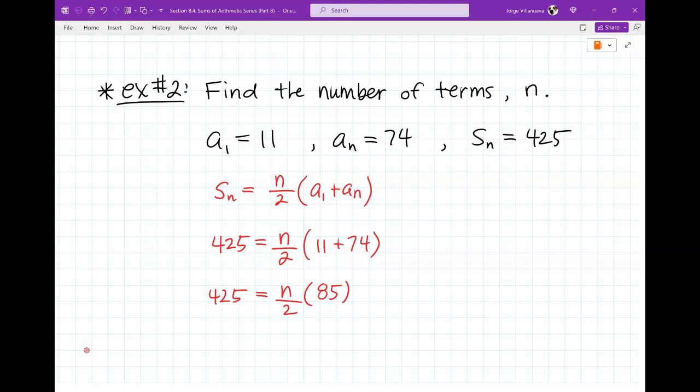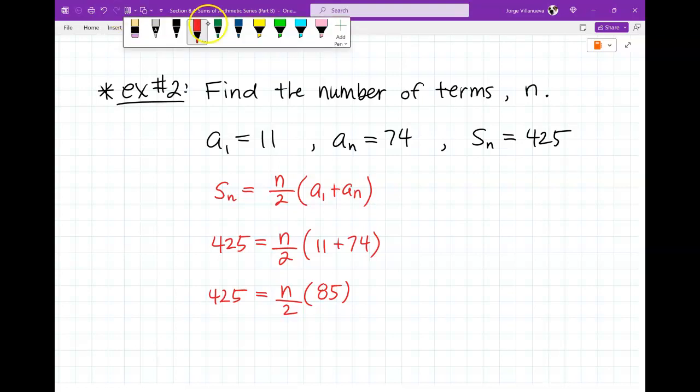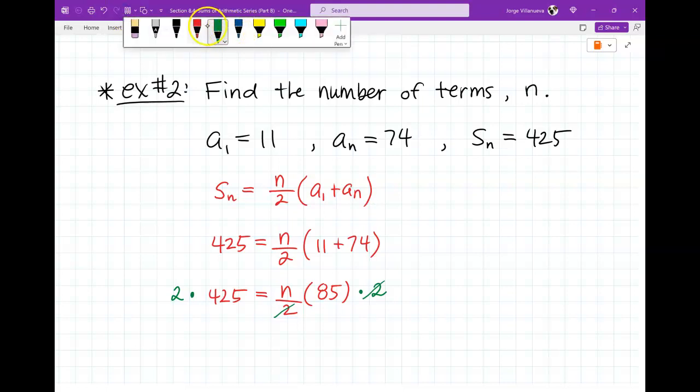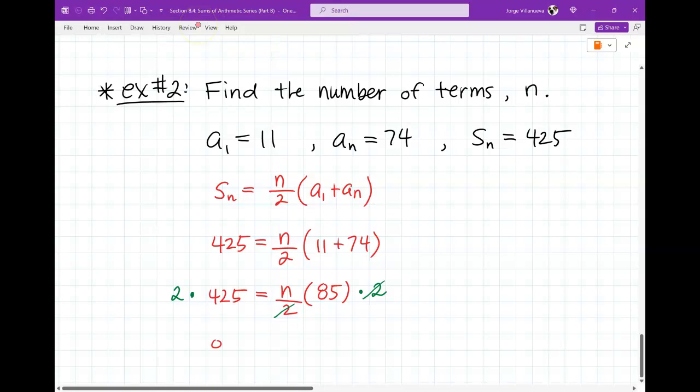Now, I can't divide 85 by 2. So what I'm going to do is I'm going to multiply both sides by 2. That way I can cancel them out. Okay? So what do I get? 850 equal to 85n.